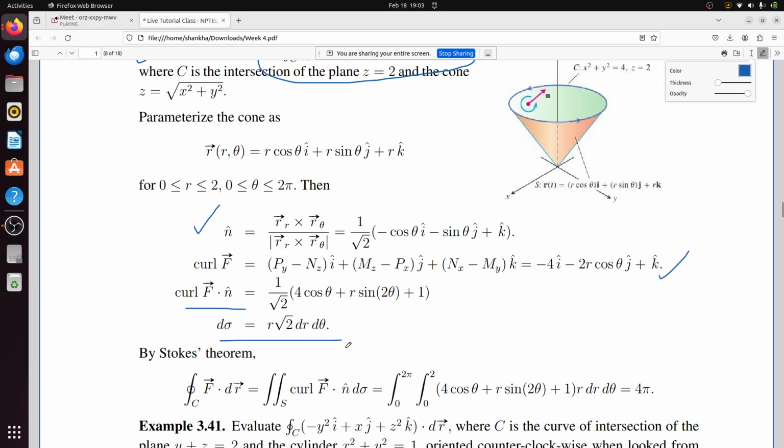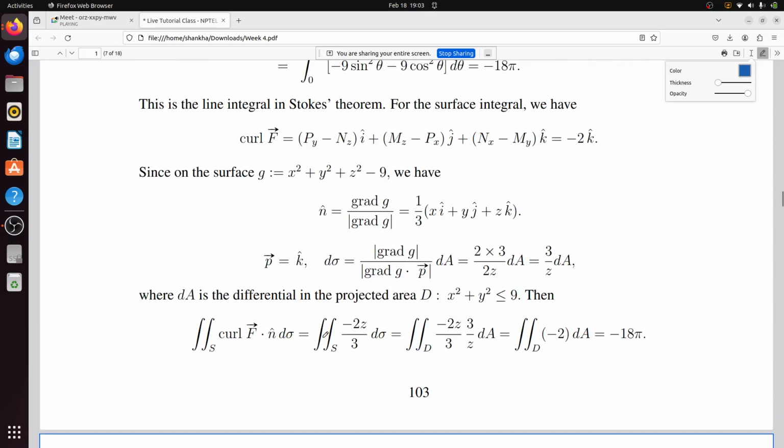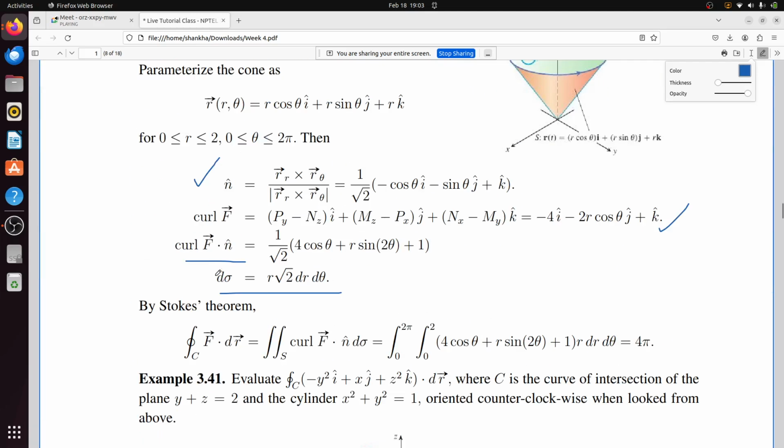What is d sigma? D sigma is this. So d sigma is r square root of 2 dr d theta, and if you determine, so you just take Stokes theorem.